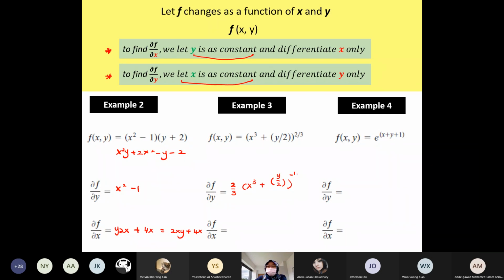Multiply by the derivative inside the bracket with respect to y. So this term becomes 0, and this term is equivalent to 1 over 2, isn't it? When you simplify, it becomes 1 over 3 times (x to the power 3 plus y over 2) to the power of negative 1 over 3. Correct or not?